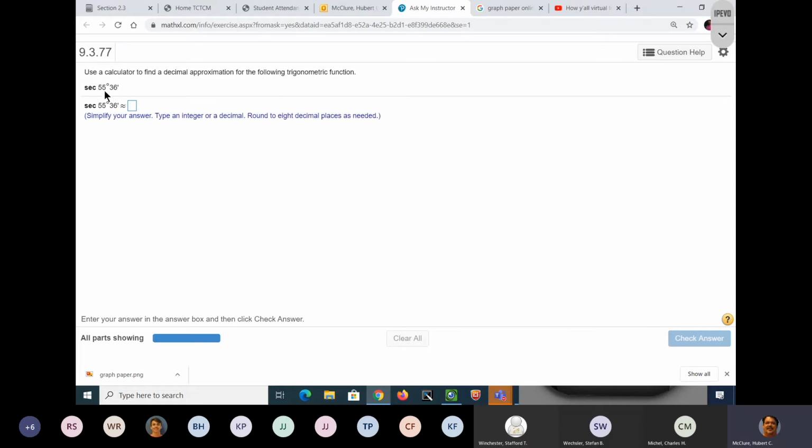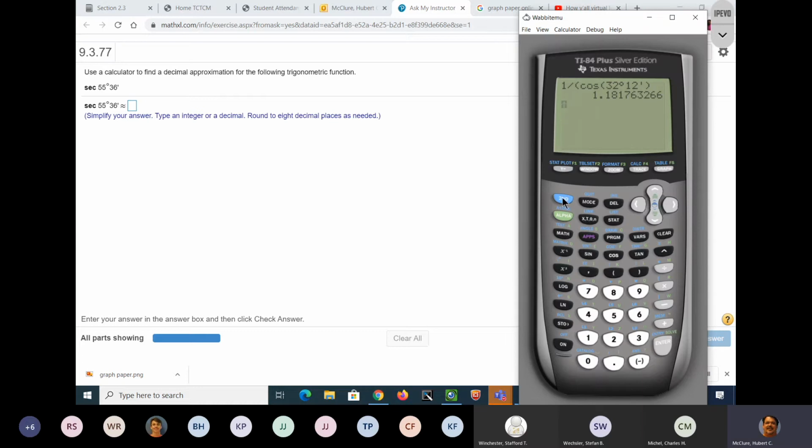Okay, that would be 1 over the cosine. Same thing. So I'm going to go back to my calculator, and I'm going to hit second entry. And I'm just going to type in here 55. This is a trick I learned in the war. 36. 1 point, carry it to 18 decimal places.